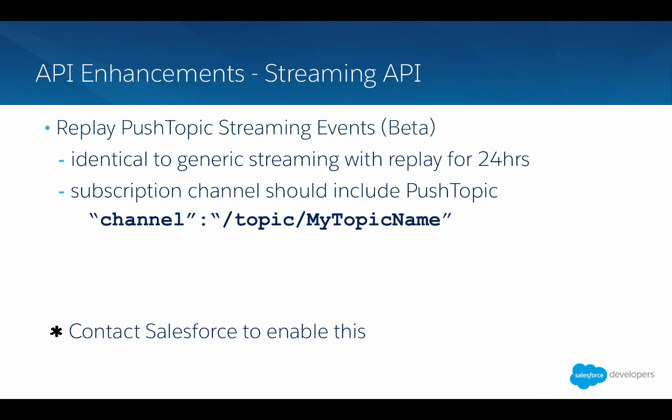Really, if you want to grab any event over the last 24 hours, that's cool, but as soon as that 24-hour period is over, those get immediately thrown out. But this makes your ability to send outbound messaging much more durable and also gives you the ability to detect state changes.